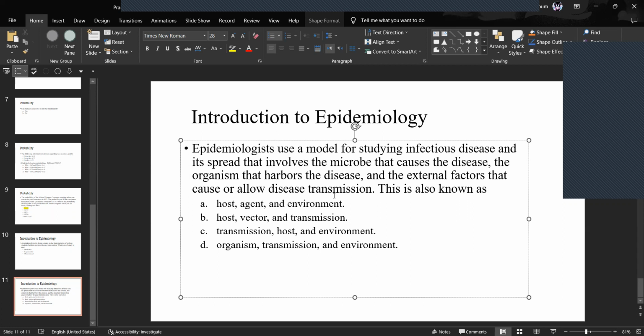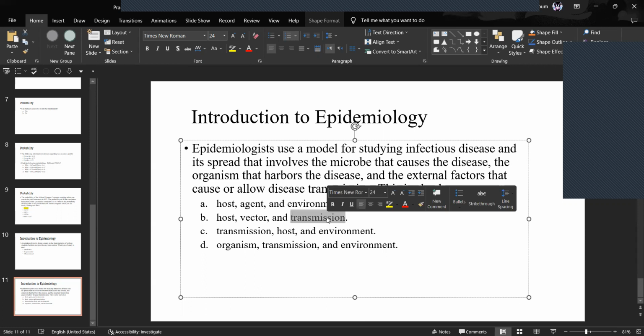And so what has the agent, host, and environment? Well, of these options, that's option A. The vector is the specific animal that will spread the microbe, and then transmission is how the microbe spreads. So it could be through a vector, or it could be through the air, and so on.